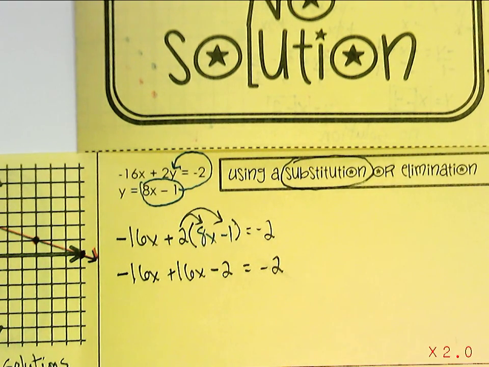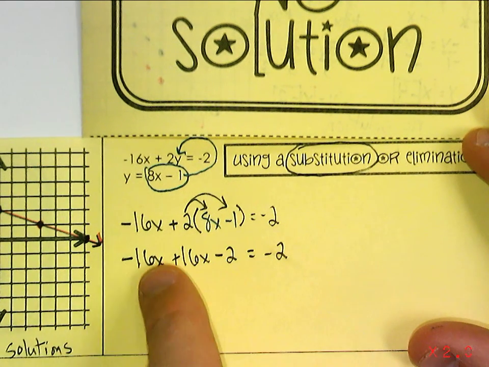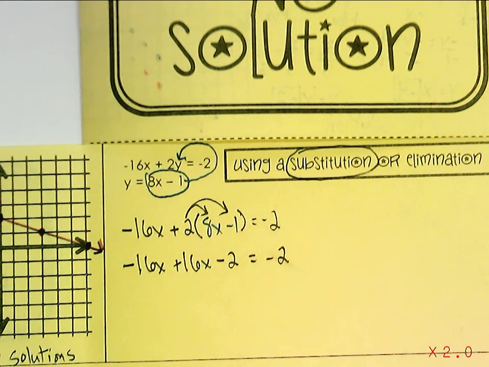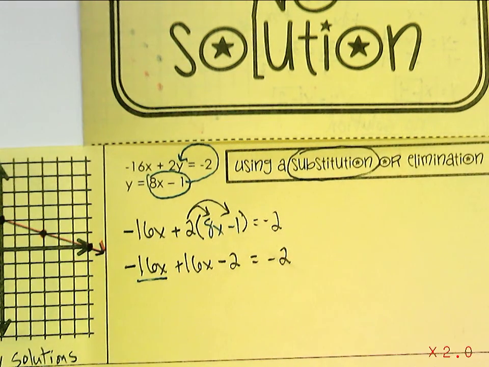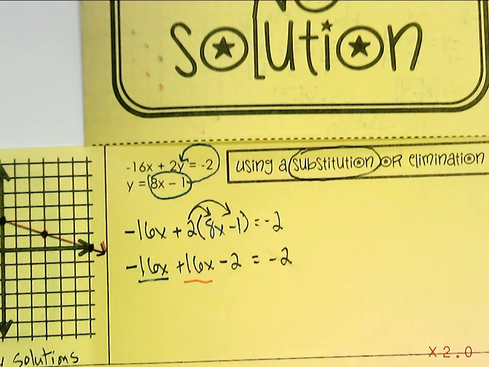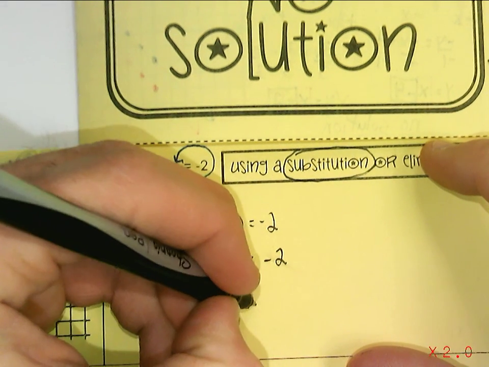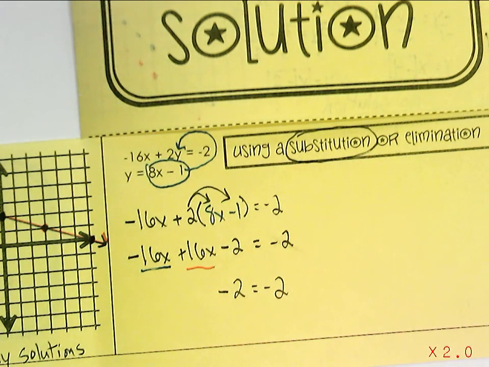Well, if we combine like terms on this side, negative 16x plus 16x is just going to give me 0x. So the only thing that I'm left with, since those cancel out, is negative 2 is equal to negative 2.